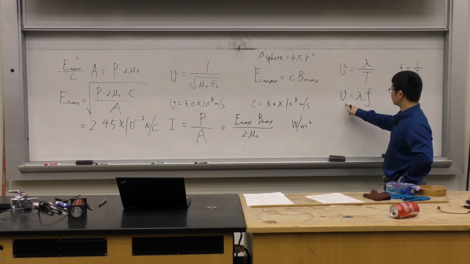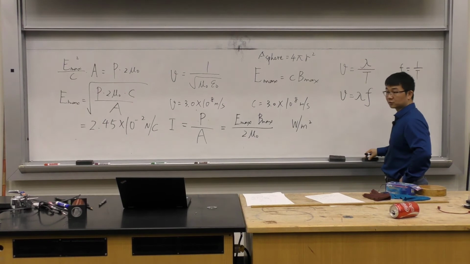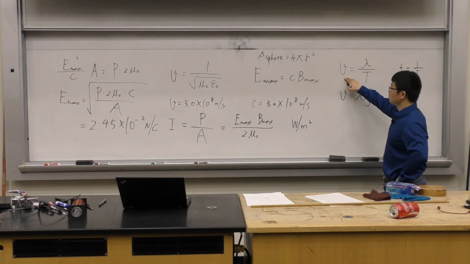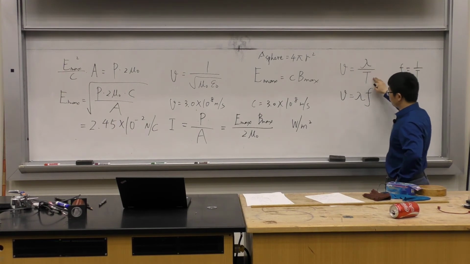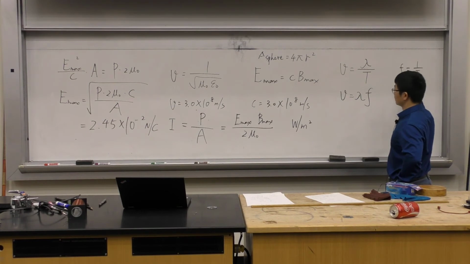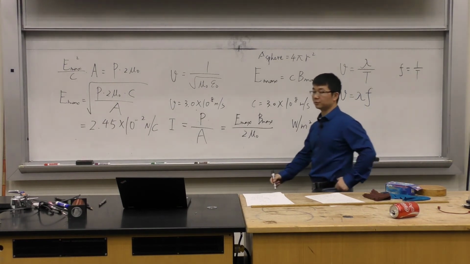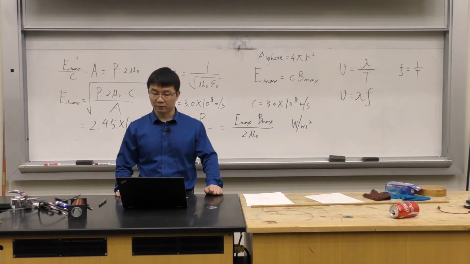So the speed is going to be wavelength times frequency. This is not a special equation for speed. This is still the definition of speed, but in waves, it always travels one wavelength in one period, and you make use of the relation between frequency and period, so you get v equals wavelength times frequency.